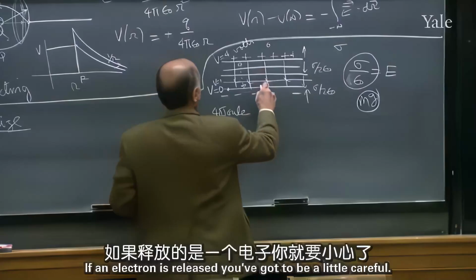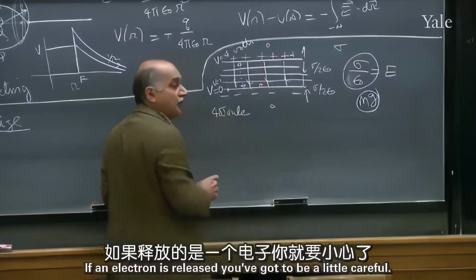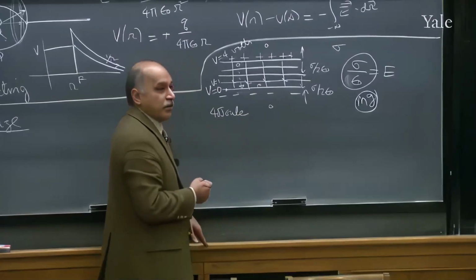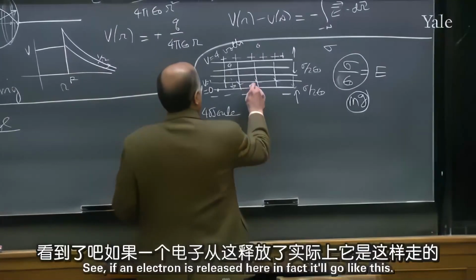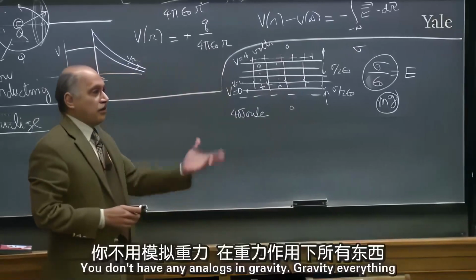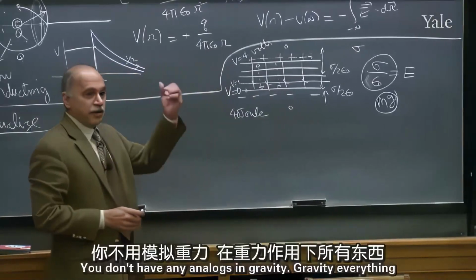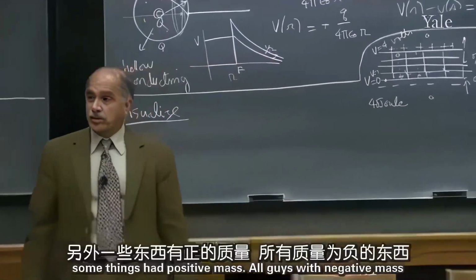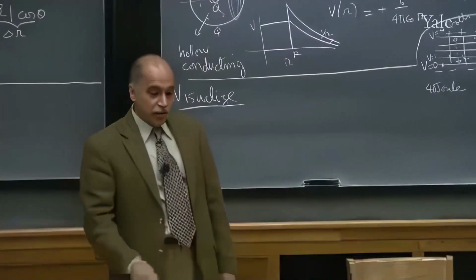If an electron is released, you've got to be a little careful. By definition, the charge of an electron is negative. So if an electron is released here, in fact, it'll go like this. You don't have any analogs in gravity. Gravity, everything falls down. So suppose some things had negative mass and some things had positive mass. All guys with negative mass, you got to nail them to the ground.